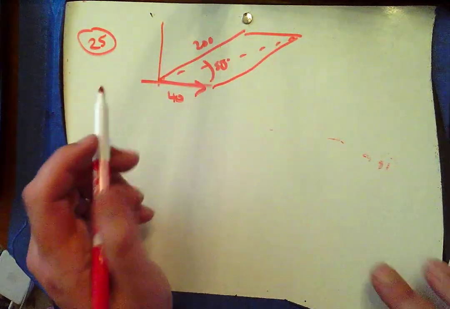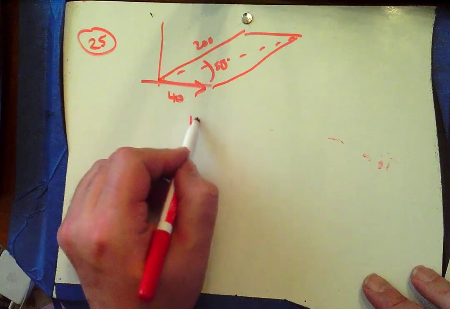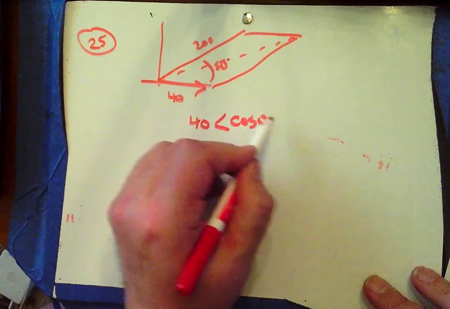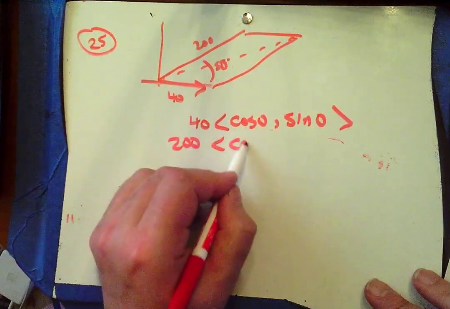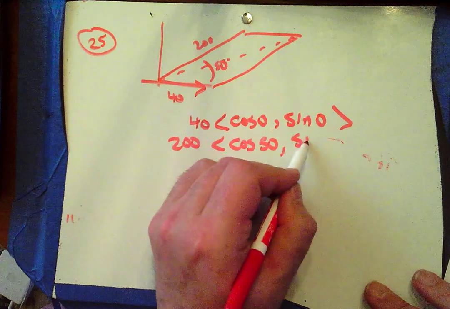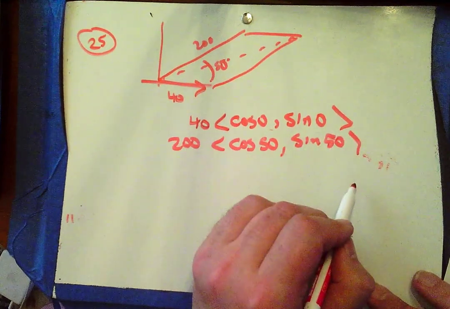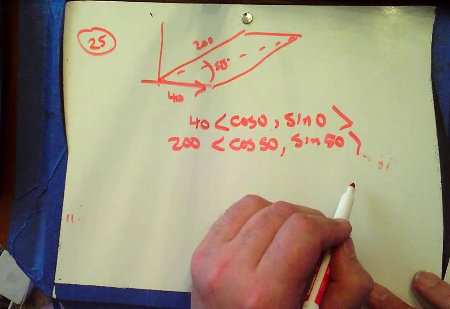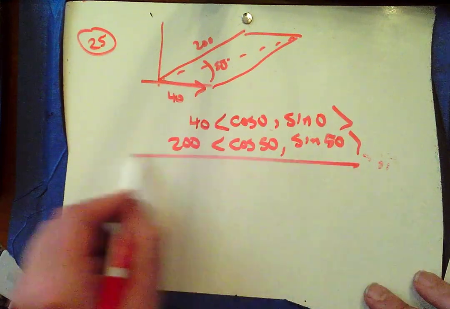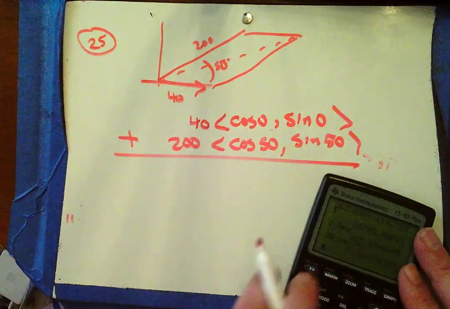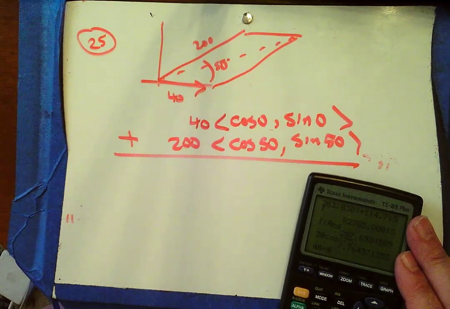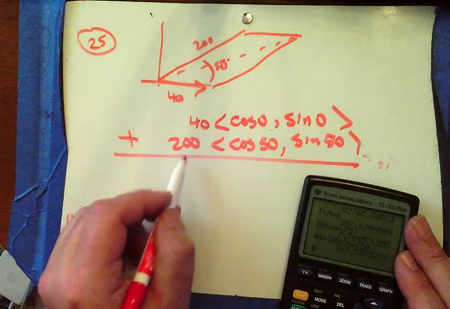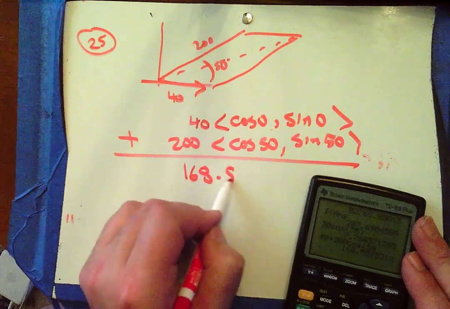Okay, so let's see what we know. We know 40 cosine 0, sine 0. We know 200 cosine 50, sine 50. And what else? We want to add those vectors together. 40 cosine 0 is 40 plus 200 cosine 50, and I get 168.557.